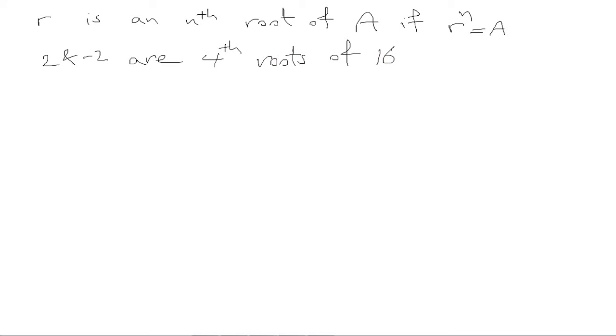Negative 2 to power of 4 is also 16. 3 is a fifth root of 243. That is because 3 to power of 5 is 243. Okay. As you can see from previous examples, only non-negative numbers have even roots.